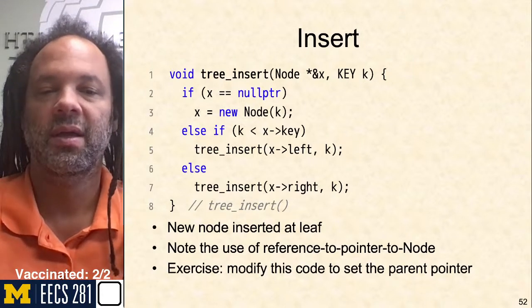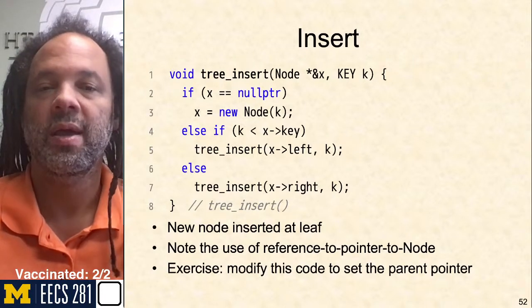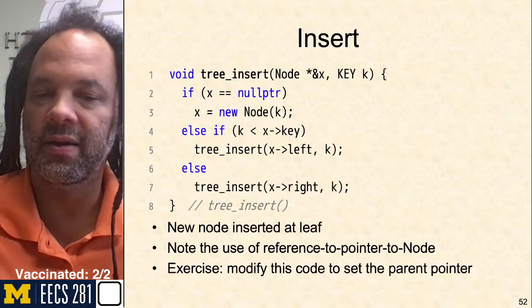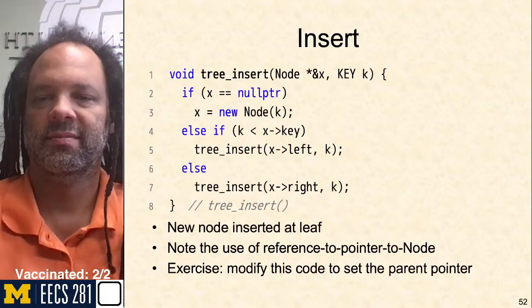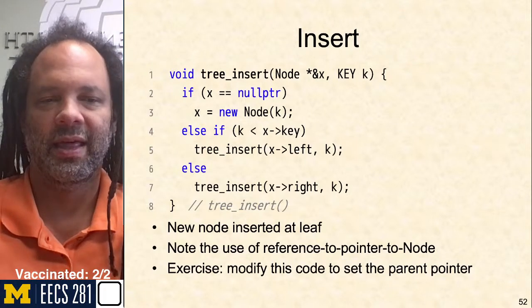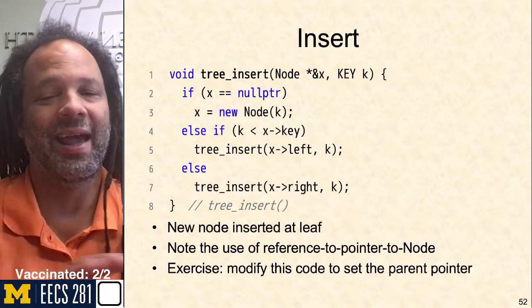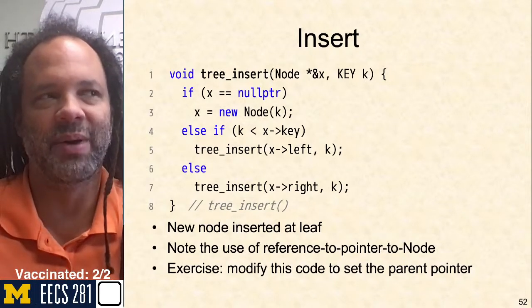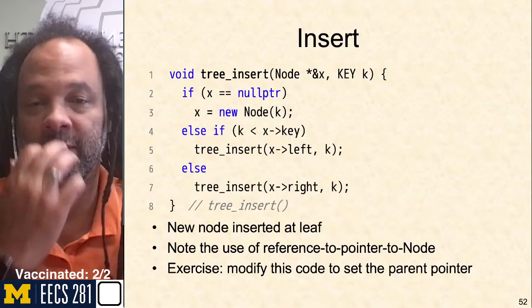Okay? A reference to a pointer to a node, because pointers are integers. Okay? That shouldn't be a surprise. Everything in the computer that we have is an integer. Really binary integer, because it's all a bunch of bits and ones and zeros.